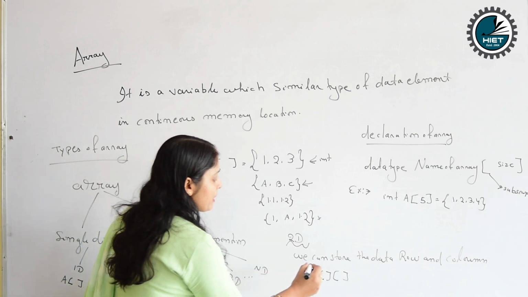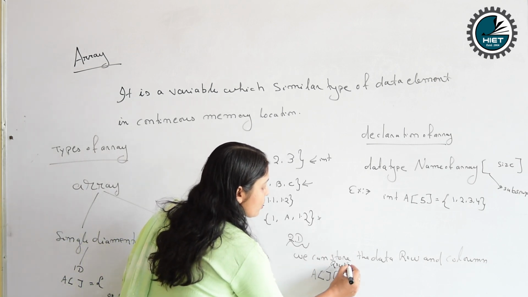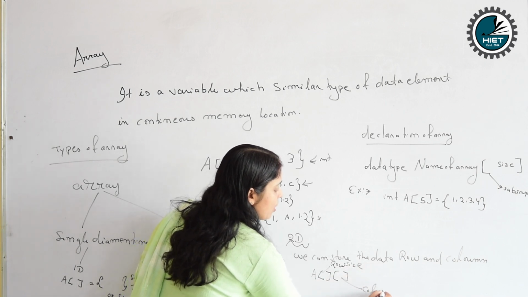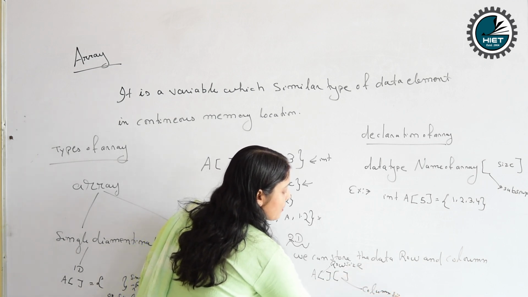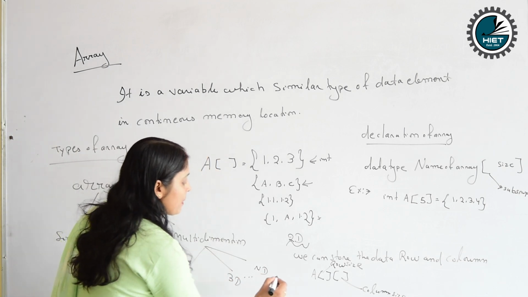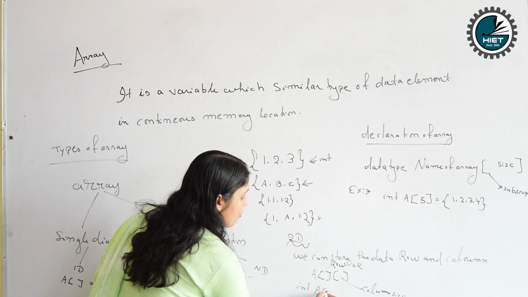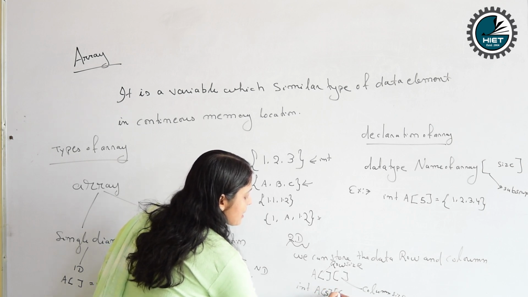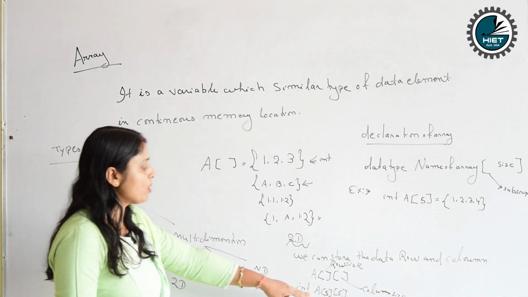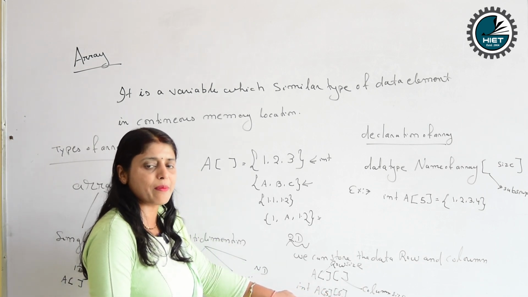Here, this parameter represents the row size and this one represents the column size. If we take some examples of its declaration, that is int a[5][6]. That means if it has two subscripts, then we can say it is a two-dimensional array.